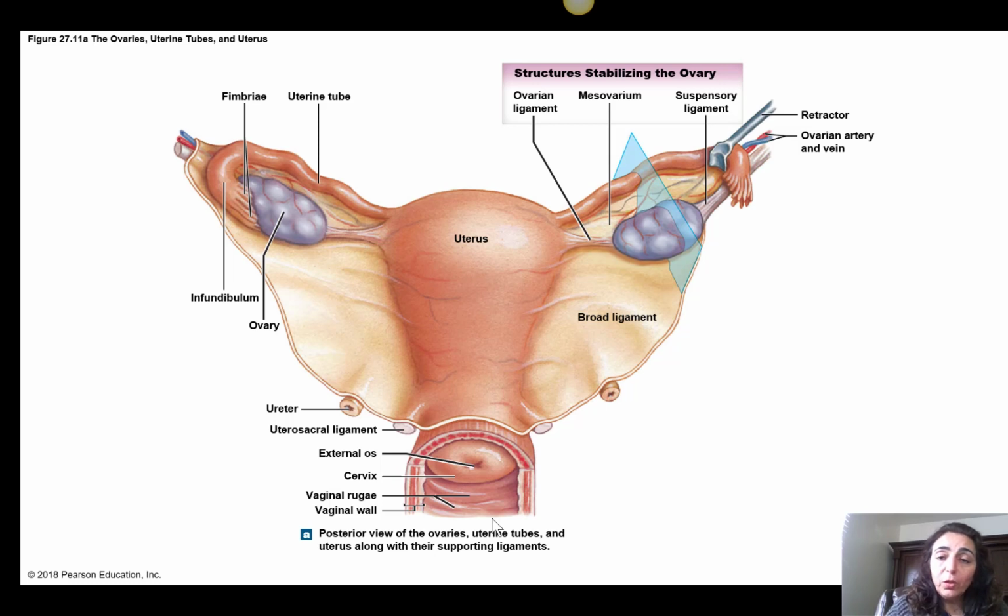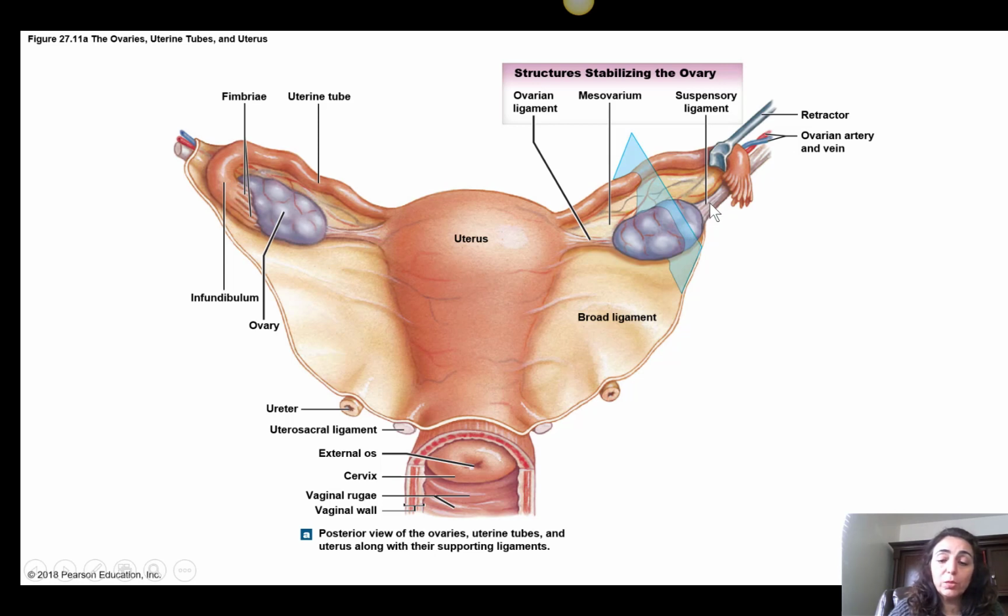So here you're looking at the ovarian artery and vein. You remember that we call these in general gonadal arteries and veins, or gonadal vessels. These are the ones that come in near the level of the kidney and go all the way down here, and when they get to the ovary, they enter the ovary here.